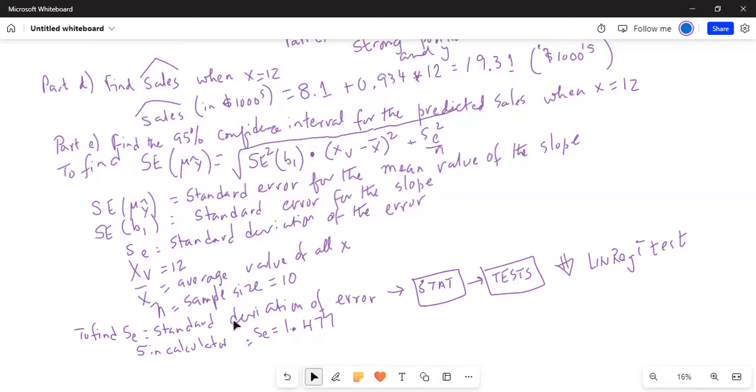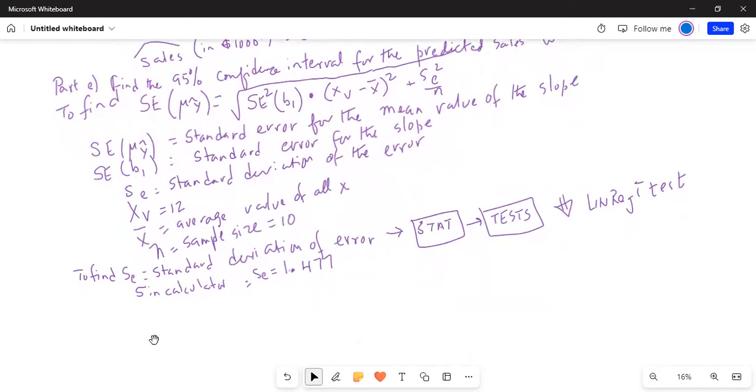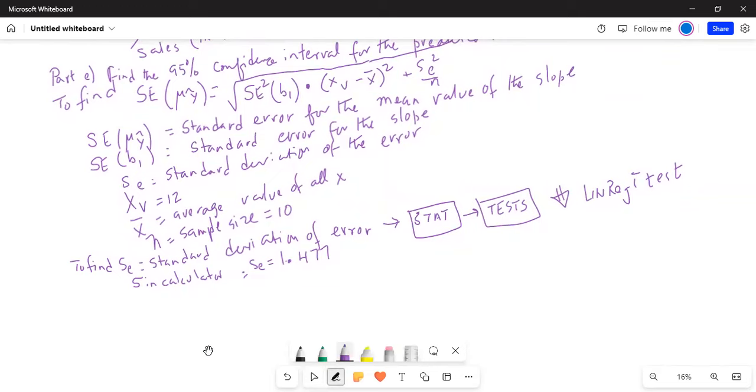Let me create some more space. We also need to find SE, the standard error for the slope. That's a formula in the textbook, is equal to SE divided by Sx multiplied by the square root of the sample size minus 1.